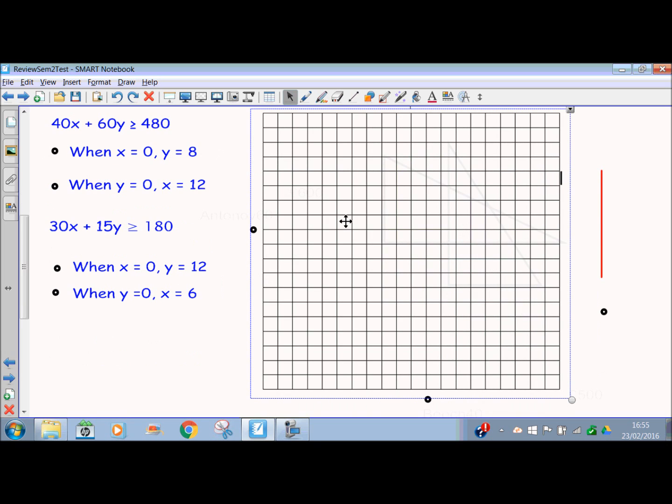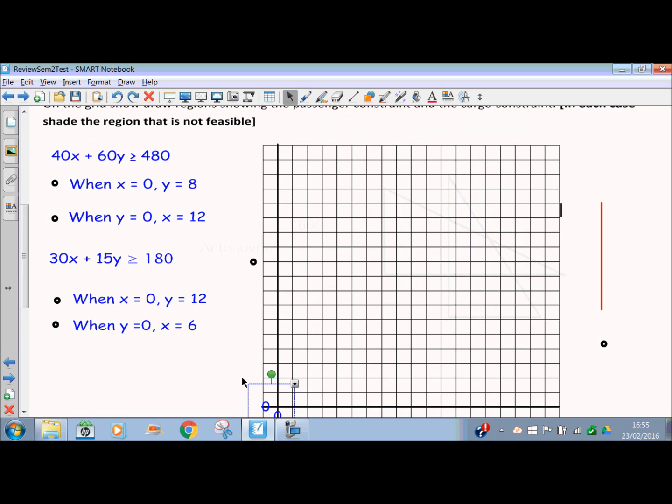So on our graph paper, we first mark two axes. And now we must plot, first of all, the point x equals 0, y equals 8. 2, 4, 6, 8. So let's put a point there.